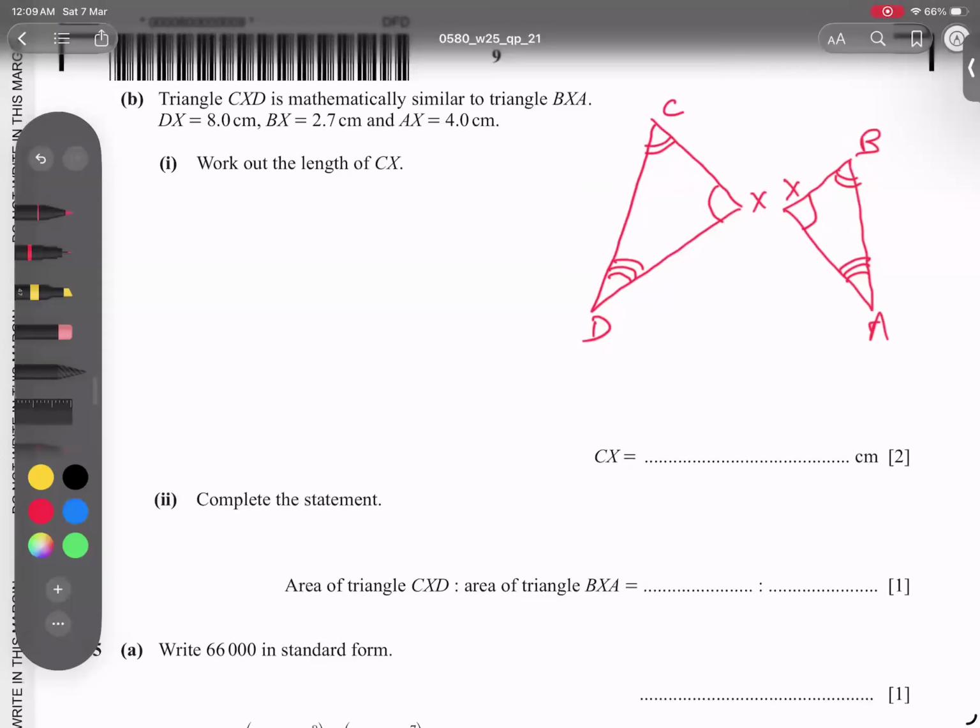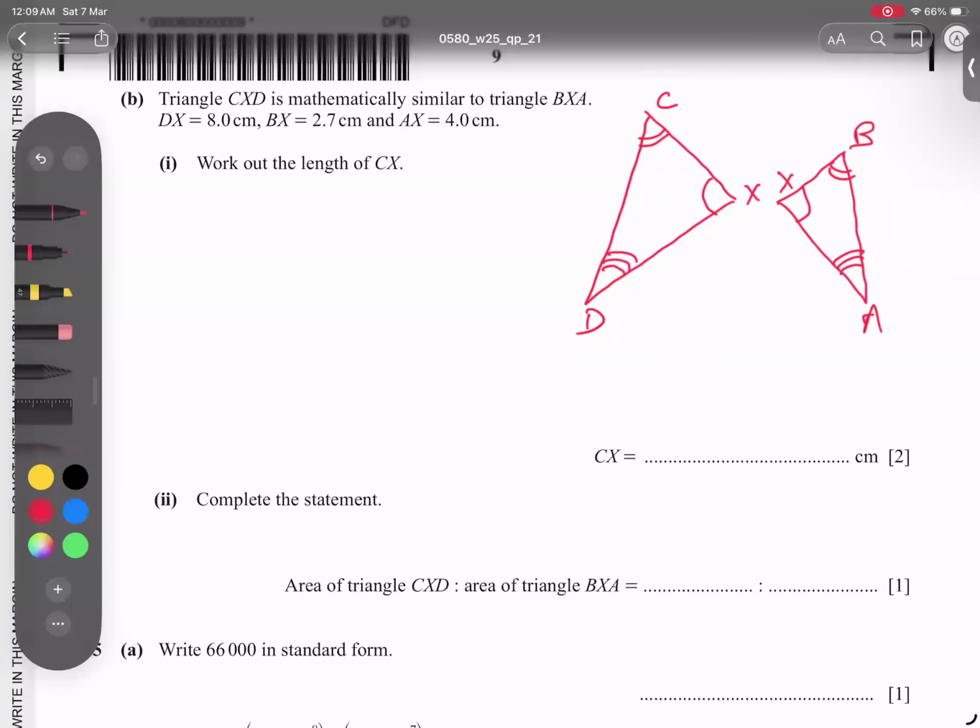So these two diagrams we have, students. Now I write the values. What is DX? DX is 8. What is BX? BX is 2.7. What is AX? AX is given as 4.0, or 4. And what is being asked for? CX, so CX is a question mark.